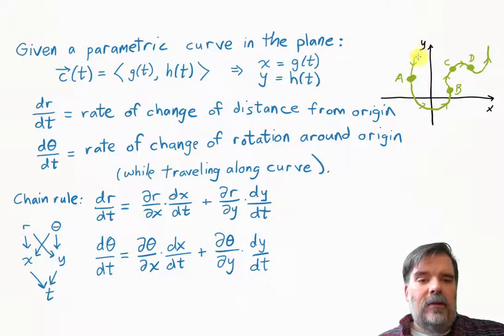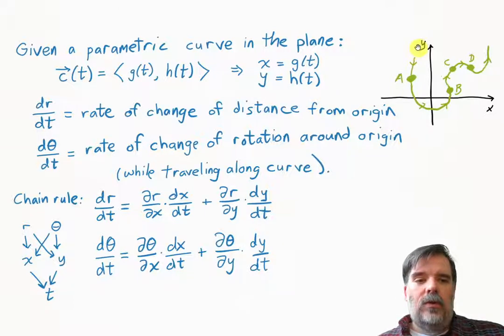So over here, here's an example function, it gets to point A, and then to point B, to point C, to point D, and so on. These derivatives, dr dt and d theta dt, give you more information about what's happening as you move along this curve. Dr dt is the rate of change of distance from the origin.